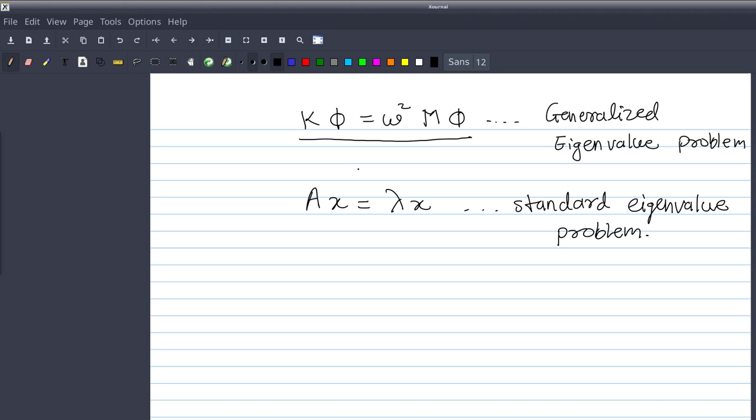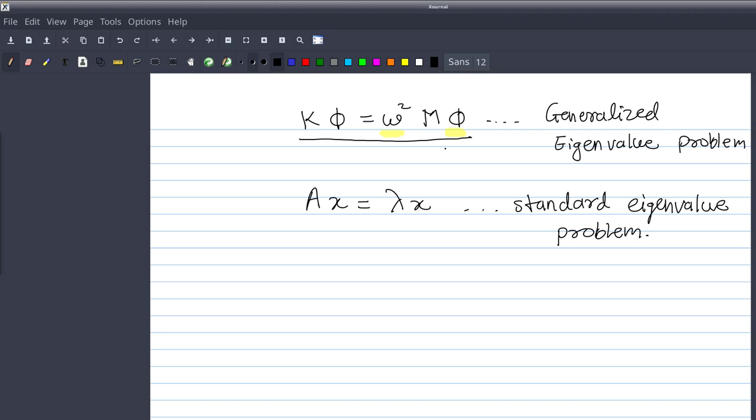So what are those in this? What is omega square? It is the eigenvalue. And phi is the eigenvector, or matrix of eigenvectors, isn't it?